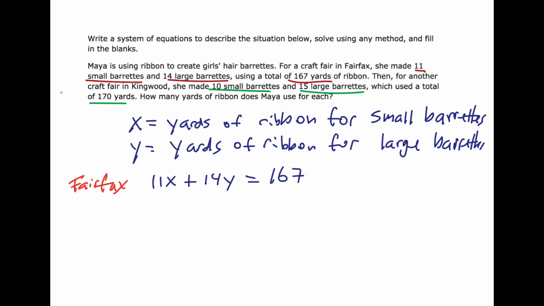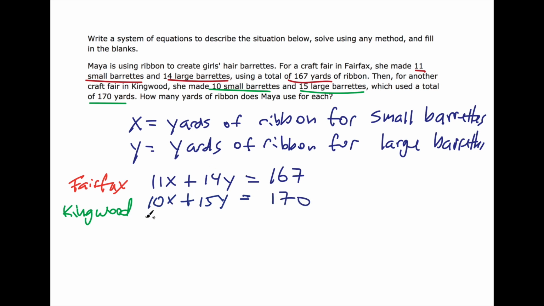All right, so for the other situation, which is Kingwood, it is 10 small barrettes times however long those small barrettes are, plus 15 large barrettes times however long those barrettes are, equals a grand length of 170.